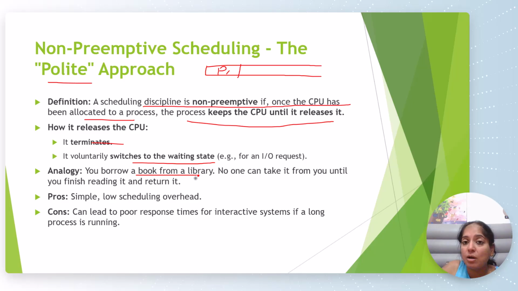So that is non-preemptive. The pros are that it is simple with low scheduling overhead, but the cons are that it can lead to poor response time for interactive systems if a long process is running. For example, if this process P1 is very long, it will keep the processor for a long time, which will lower the response time.